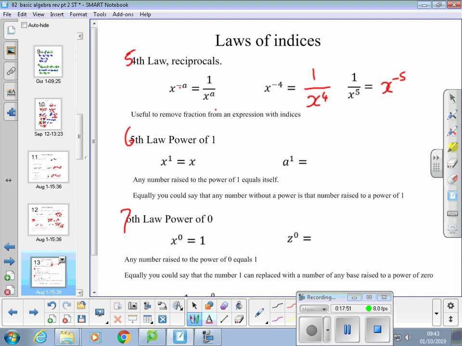I can write that as that, yeah? And then it's x to the minus 4.